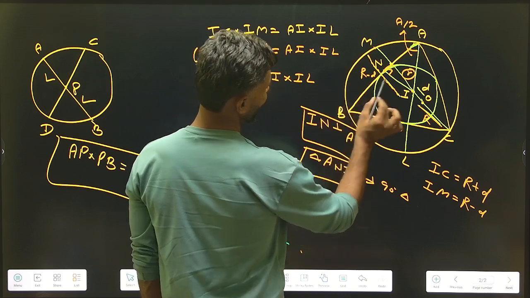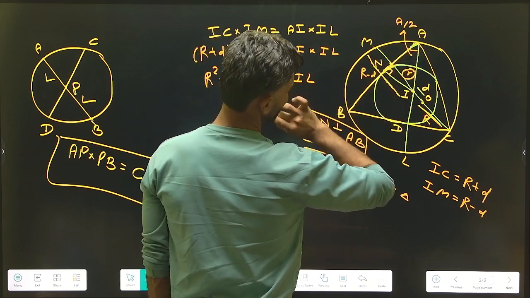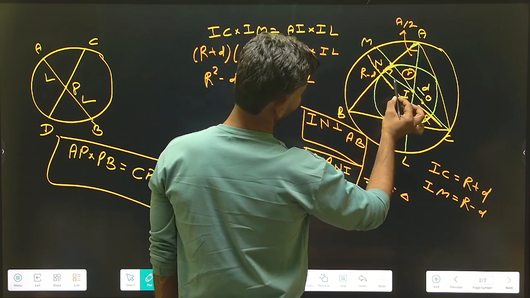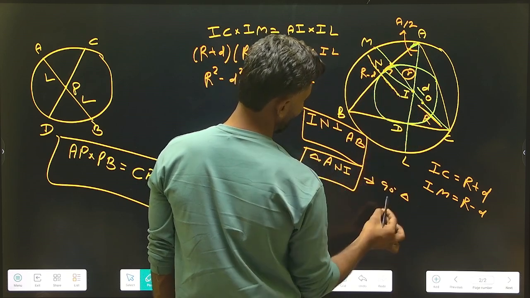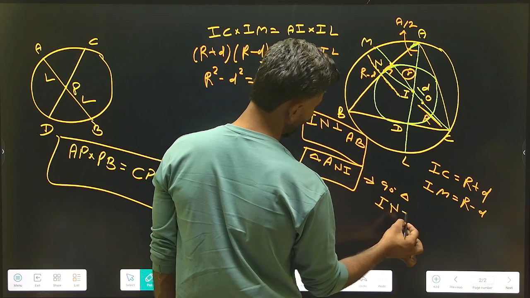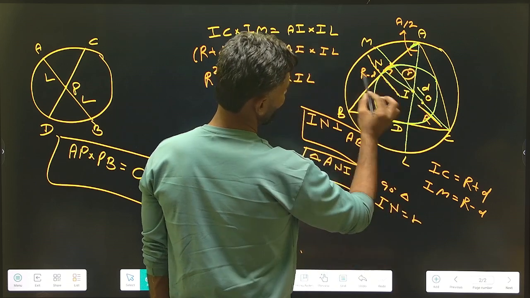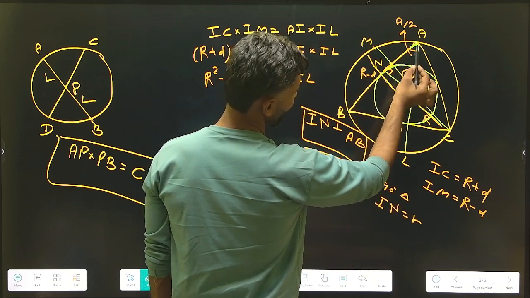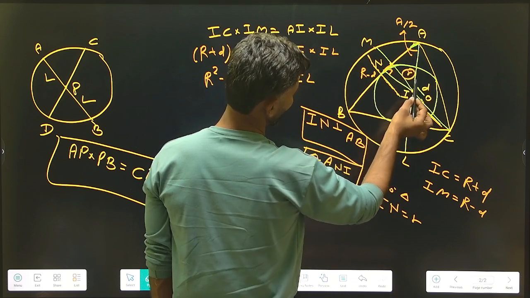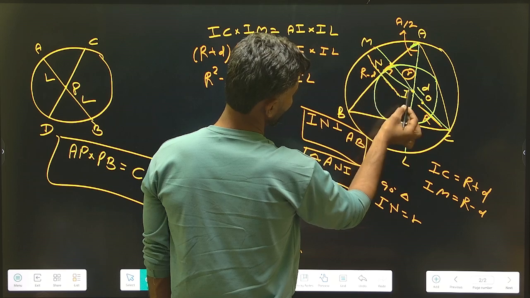If this is a right angle triangle, this is A upon 2 and this is R. IN is equal to R, and this is A by 2, so AI will be the hypotenuse and IN will be the perpendicular.